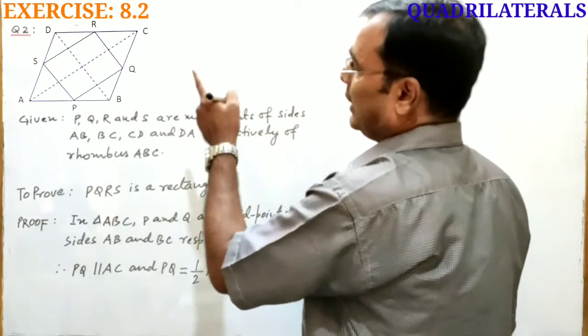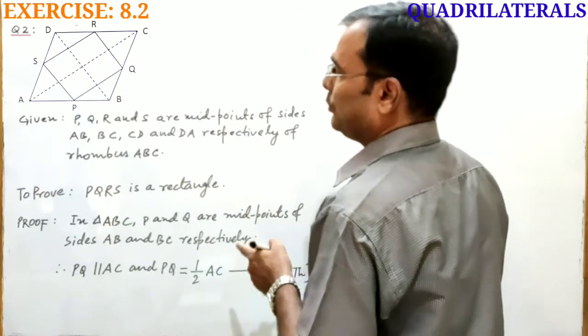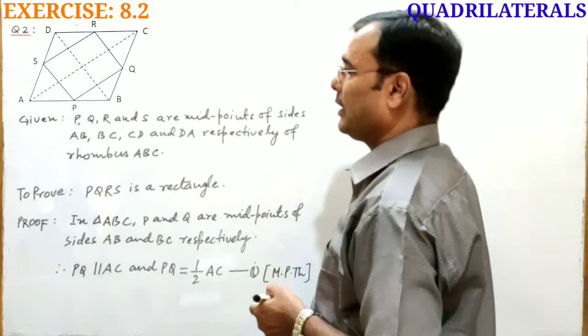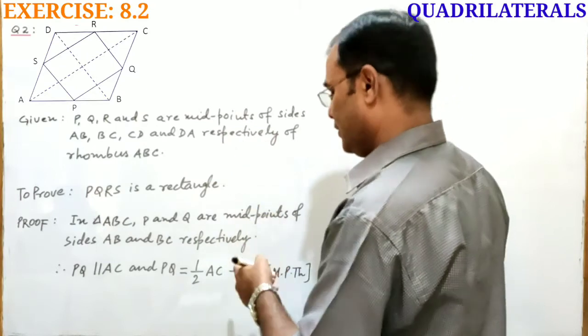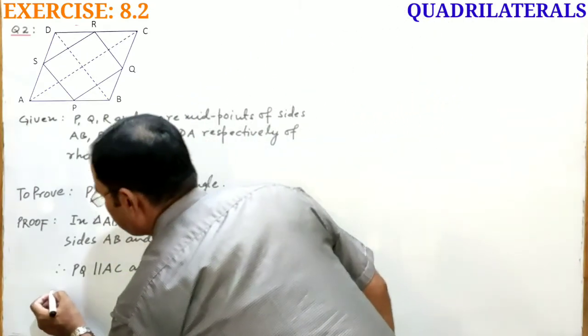Similarly, in triangle ADC we can prove that SR is parallel to AC and SR is equal to half AC.